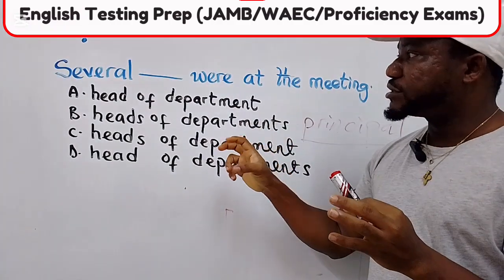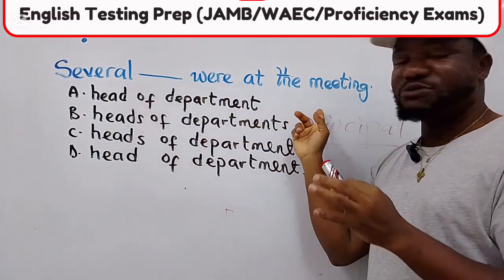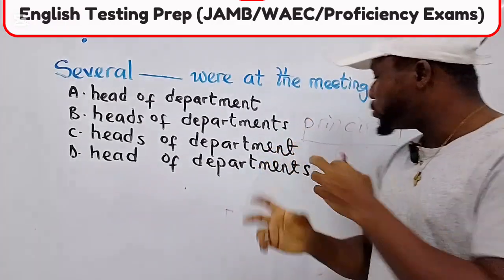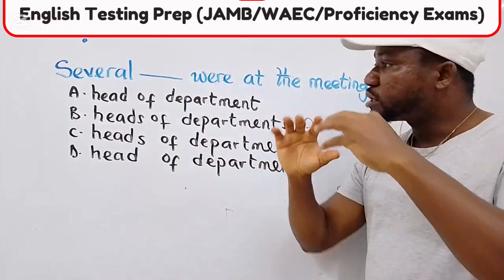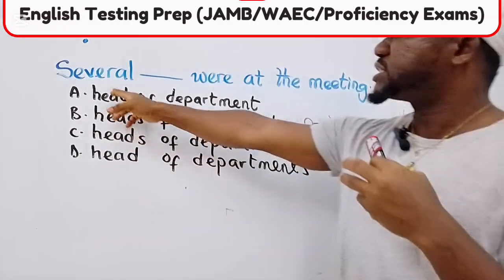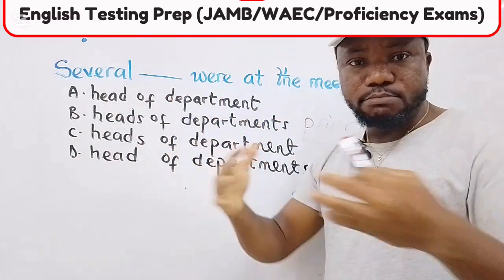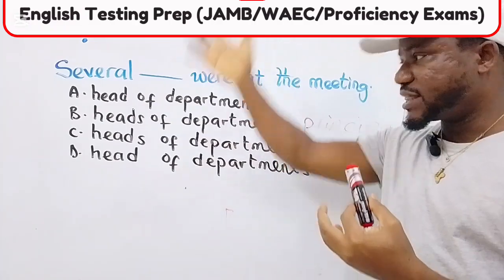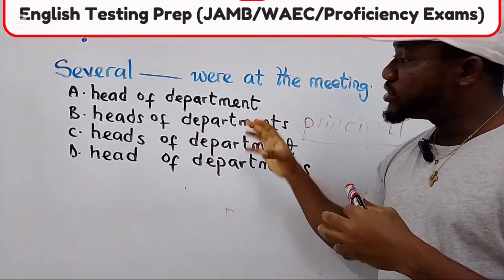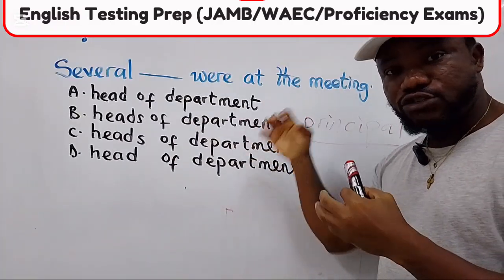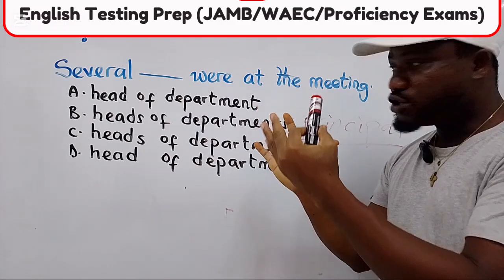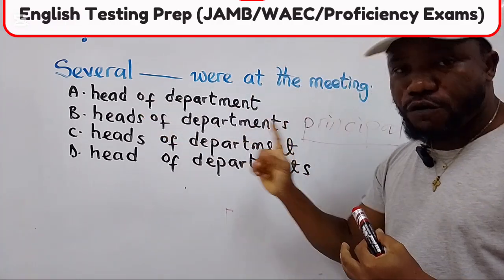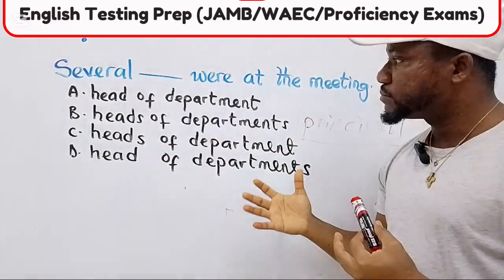So the answer to a question like this will be the option that has the principal noun pluralized, because we're talking about several. Several means many, multiple, more than one, two, three, four, like that. In that case, the other noun item that combines with the principal noun to form the compound noun is often not pluralized.